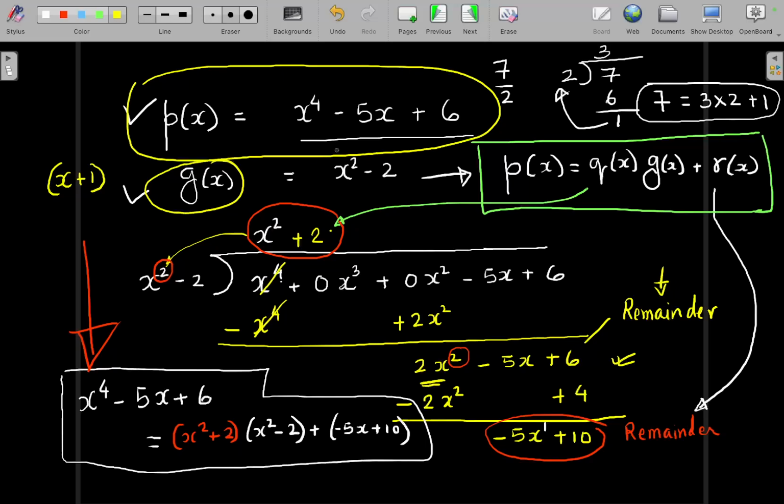Now a very special case because this is of degree 1. So when I take this of degree 1, I just want to highlight the main thing that I want to convey straight away. The remainder here will have to be of degree 0. In other words, it will be something like 2 or 3 into x raised to 0. This is of degree 0, which is, by the way, just a number.